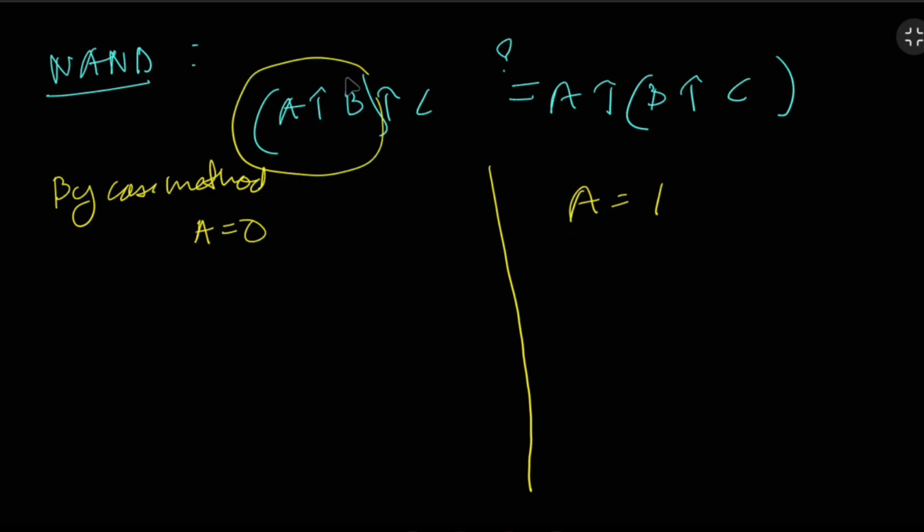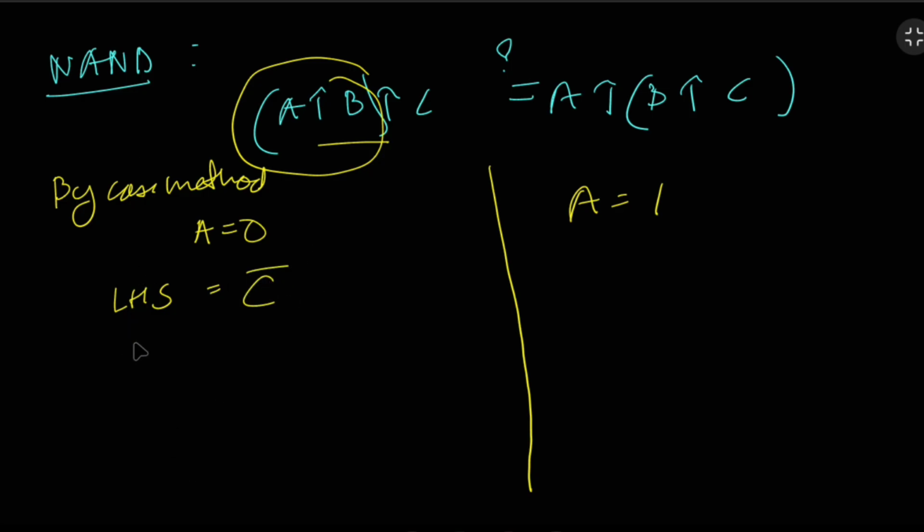0 NAND B, that will be 1, since 0 NAND anything is 1, and 1 NAND anything will be the complement of the other thing. So here this will be C complement.